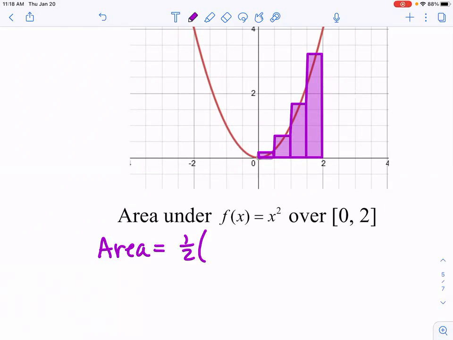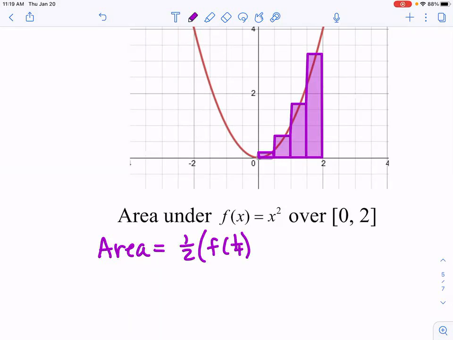Now, we have to think about where our first midpoint is. So if our first rectangle is stretching from 0 to 1/2, what is its midpoint? 1/4. So f of 1/4 is our first midpoint. Now, delta x is how far apart these rectangles are, which is how far apart our midpoints are.